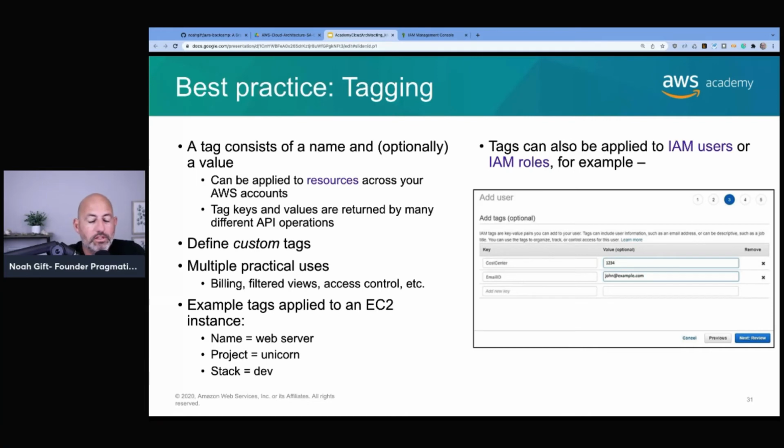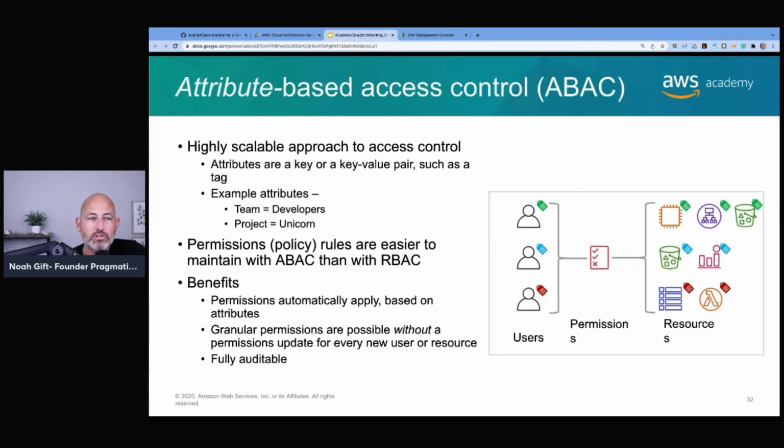If I'm going to launch a cluster of, let's say, 1,000 machines, I may want to apply a tag programmatically to a particular resource, so I know how to filter that resource and look at all the different tags associated with it.